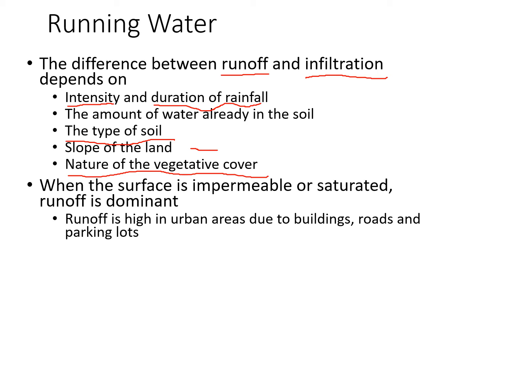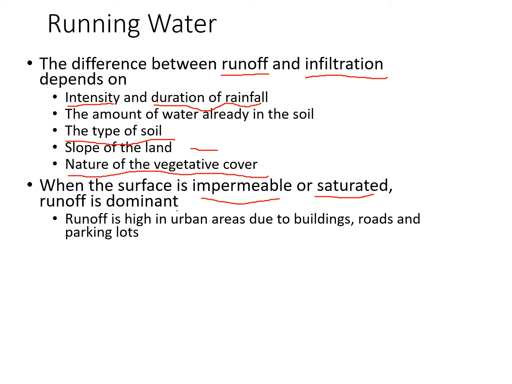Really dry areas that have very little vegetation cover, surprisingly, a lot of the water will run off because the areas are so dry. It'll hit the land surface and then run off real quickly instead of following the plant's roots deeper into the ground. And so when the surface is impermeable or saturated, runoff is dominant.